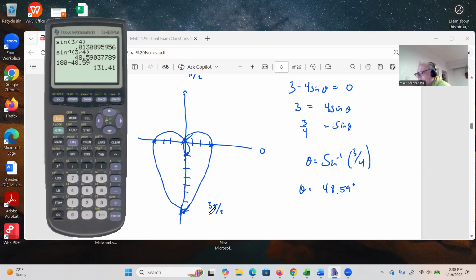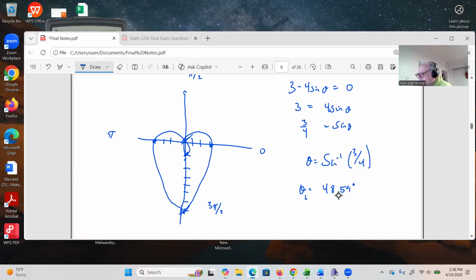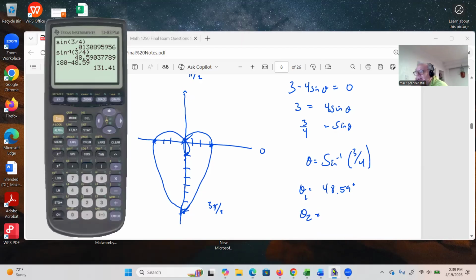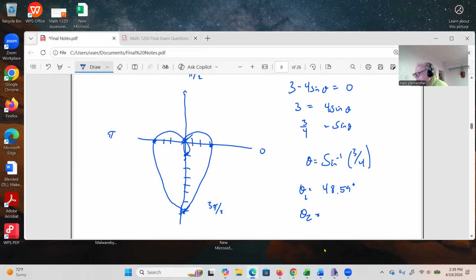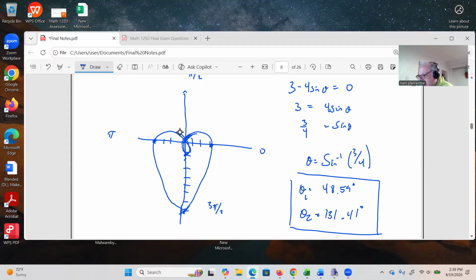And we'll say, okay, theta 1 is going to be 48.59 degrees. Theta 2 is going to be 131.41 degrees. And those are the two angles where this thing hits the origin. So it's coming in at 48.59 degrees, and then it's leaving at 131.41 degrees.